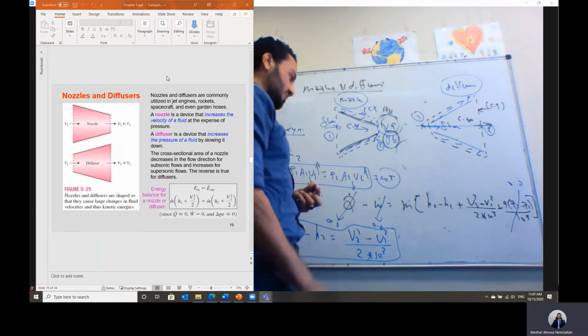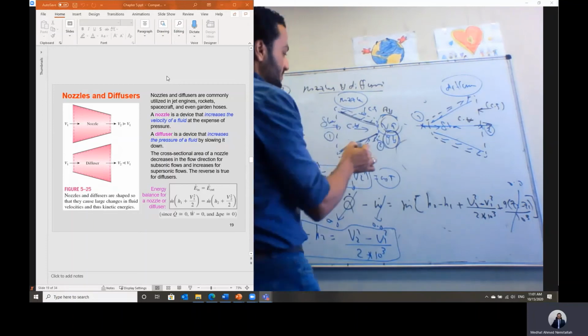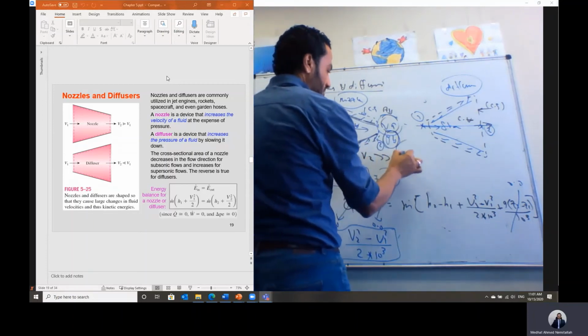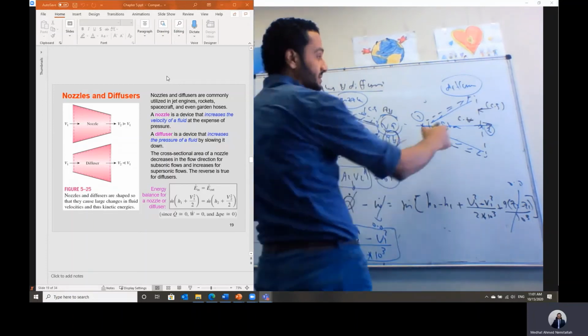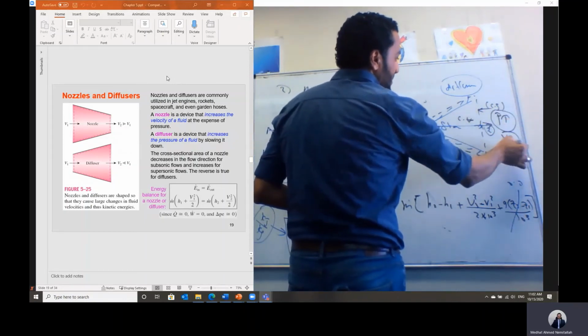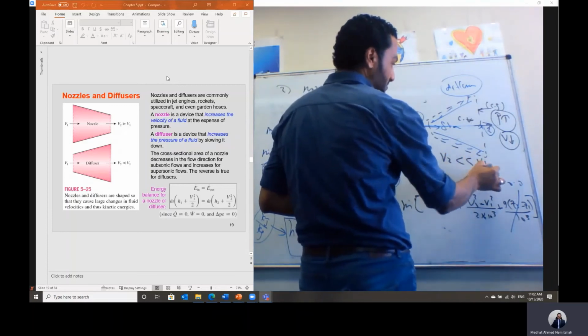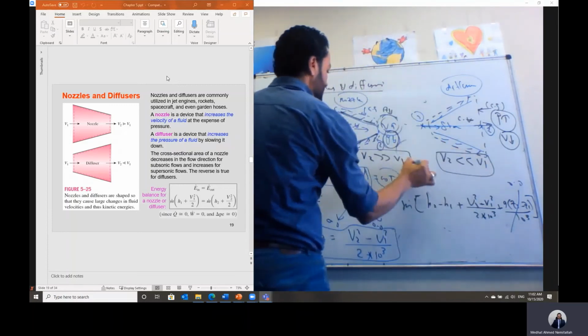In this equation, the function of the nozzle is to accelerate the flow. That means V2 is much greater than V1. But for the diffuser, the function is to raise the pressure, and the velocity is reduced. That means the velocity V2 for a diffuser is much less than V1.